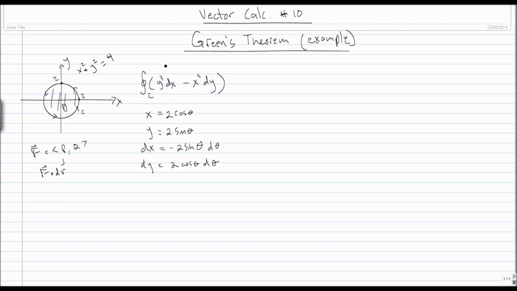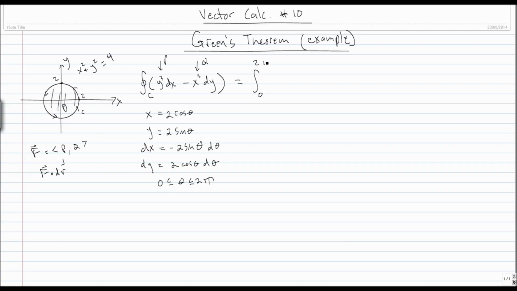But when it's given to you like this, that guy right there is P, this guy here is Q. Okay? And basically when you have your parameterization, you just plug in all your values for x and y and for dx and dy. And you can see that theta goes from 0 to 2 pi, because it's this closed loop here.